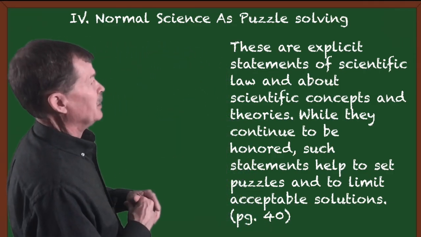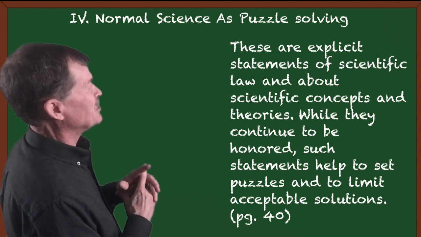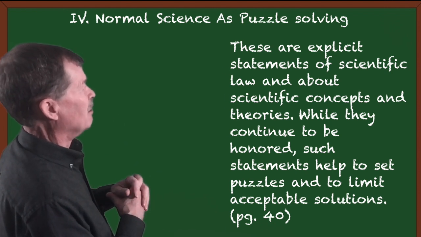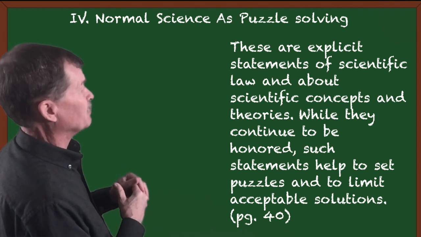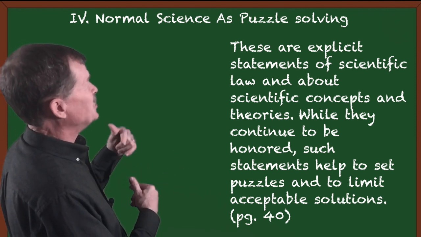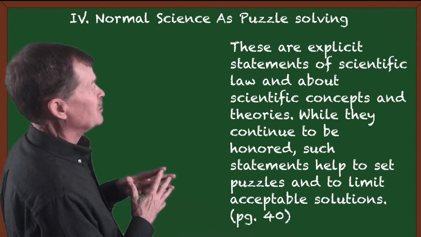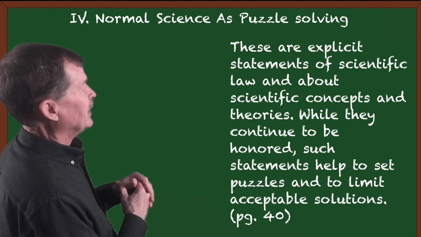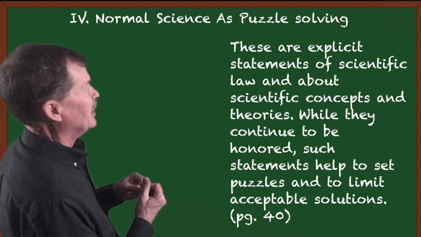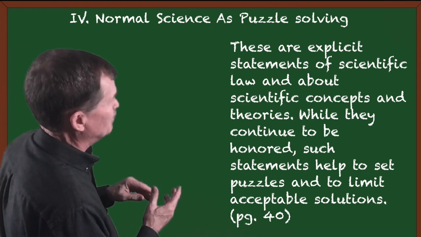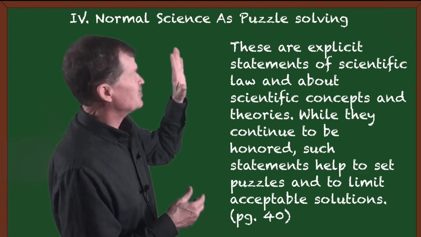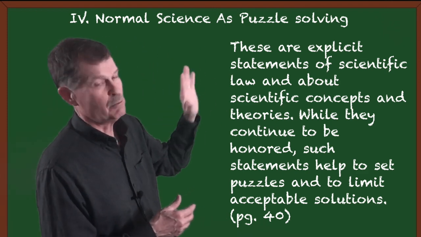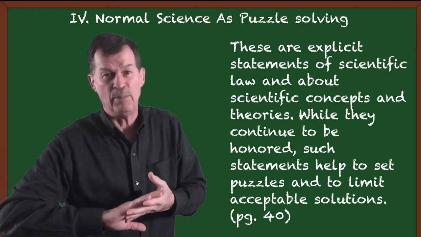Thomas Kuhn goes on. He says, there are explicit statements of scientific law and about scientific concepts and theories. While they continued to be honored, such statements help to set puzzles and to limit acceptable solutions of the puzzles. So in other words, he says there are explicit statements. They're within the body of the paradigm.